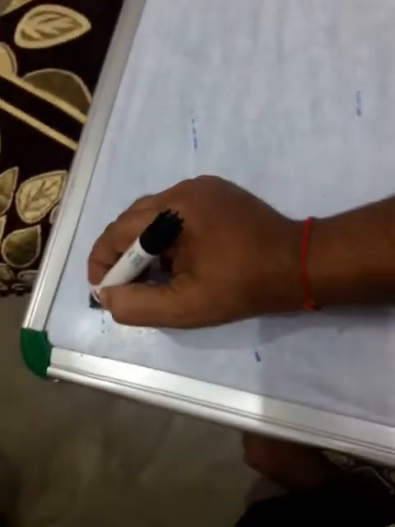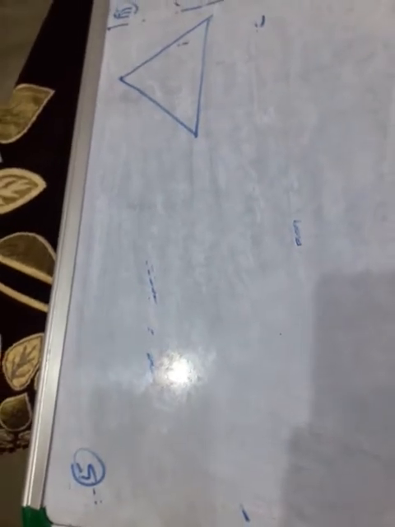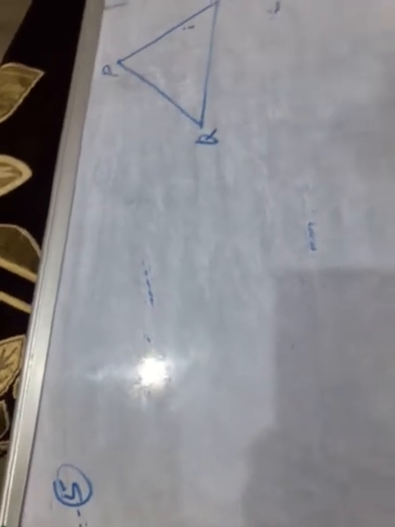The figure is like this. Triangle ABC is there. That is not ABC, that is triangle PQR, I'm sorry for that. Triangle PQR is there, where PS bisects angle P.